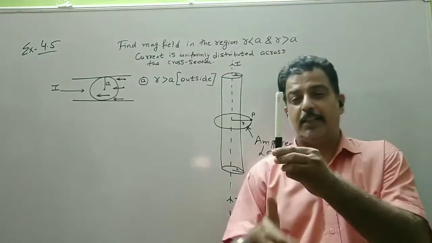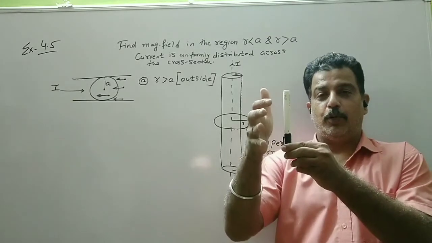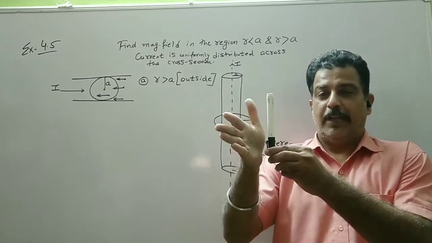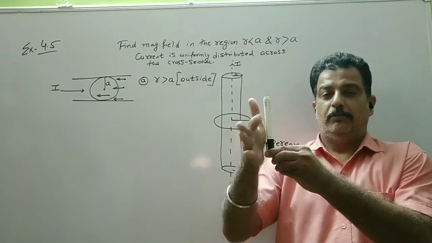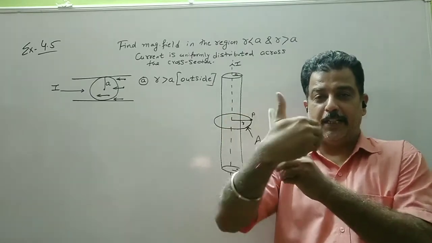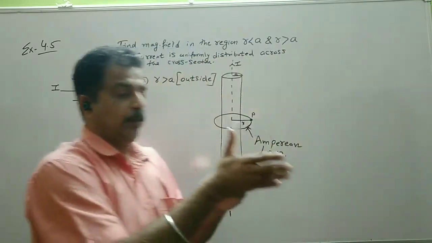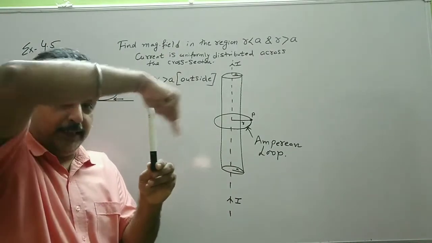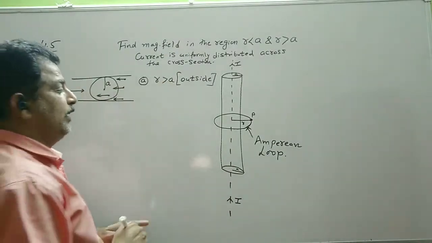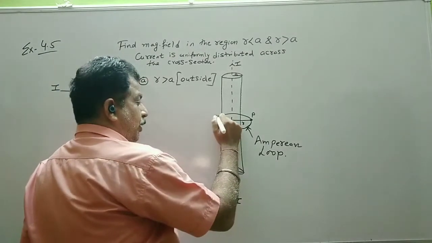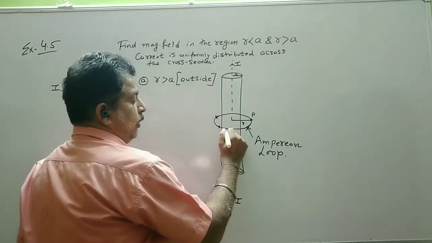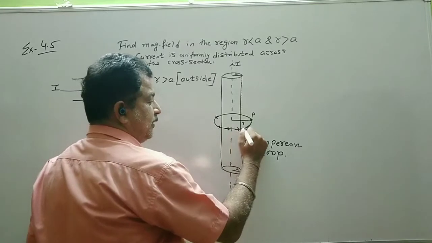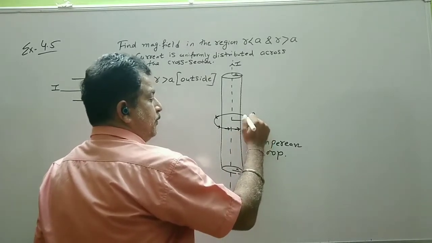Now we divide this. We know that if the current is moving upward, we apply the right hand thumb rule. We have taken the point at this side, so the magnetic field is going inward, or the magnetic field lines will be concentric circles but anti-clockwise. So we divide this loop into line elements, that is dl, dl, dl.